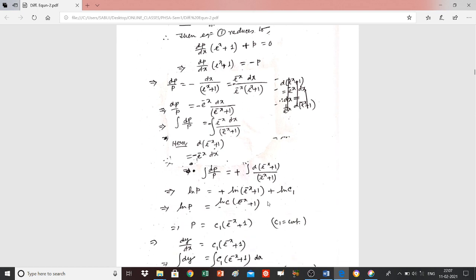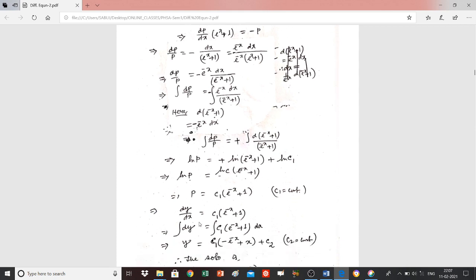So this will result in log of this term. So log p is equal to log of e to the minus x plus 1, then plus log c1, say this is a constant. So from here log p is equal to log c1 e to the minus x plus 1, or from here p is equal to c1 into e to the power minus x plus 1.